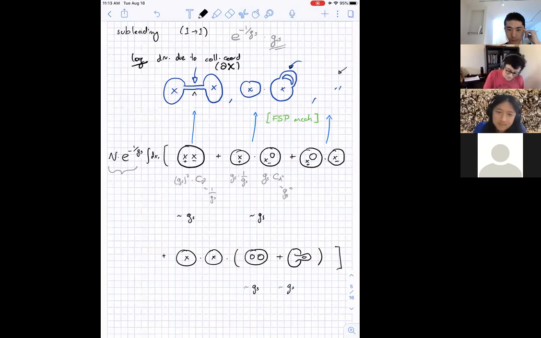Okay, so this is the so-called Fischler-Susskind-Polchinski mechanism, which is the first instance that we see that string theory is smart. So it exactly knows when to save you by including these disconnected diagrams. So this is perhaps a more detailed reason why we actually need to consider disconnected diagrams, because otherwise we will have uncancelled IR divergences that will render our theory inconsistent.